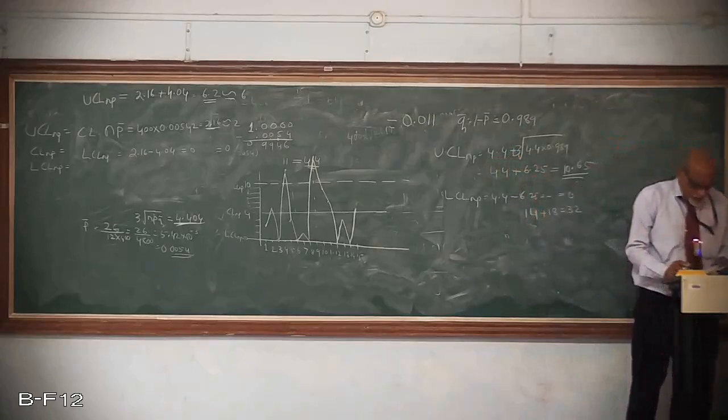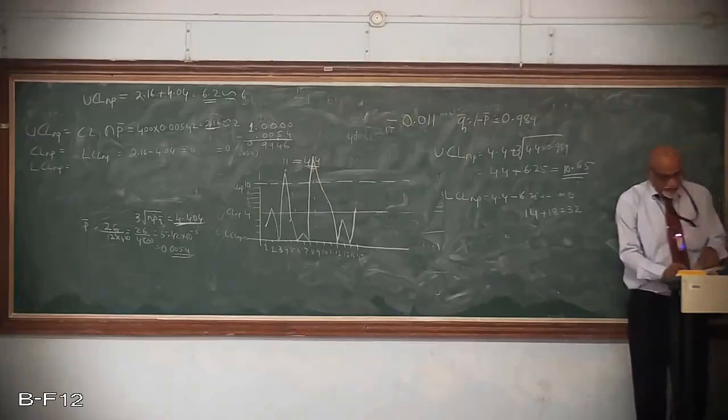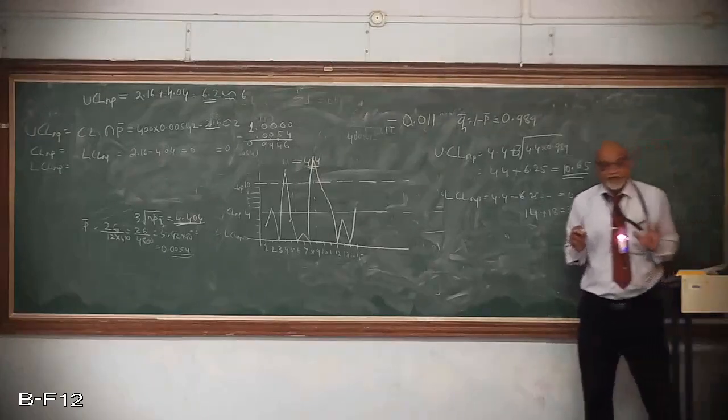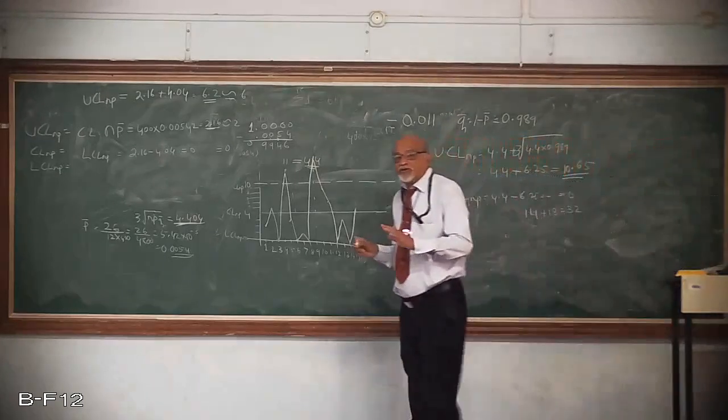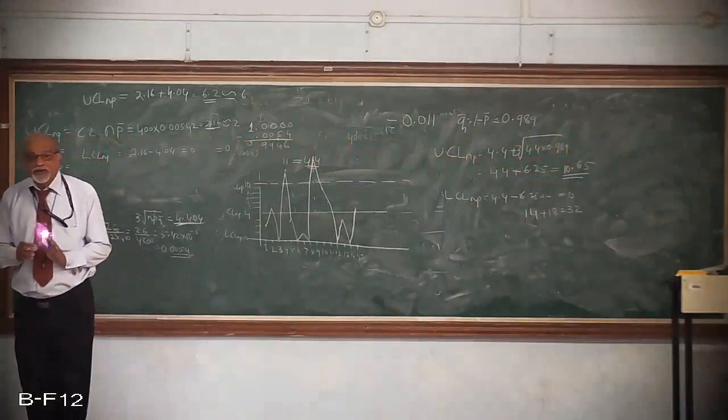Now we can see that first sample is 2, second sample is 5, third sample contains 0, fourth we have eliminated, fifth sample has 3 defectives, sixth has 0, seventh has 1, eighth has 0, ninth consisted of 18 which was removed, tenth consisted of 8 which was also removed, the eleventh consists of 6 defectives, twelfth 0, thirteenth 3, fourteenth 0, fifteenth 6. That means all the 12 points have fallen on or within the control limits.